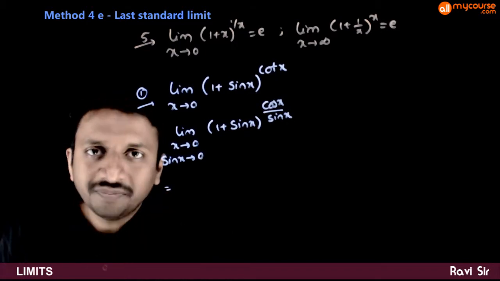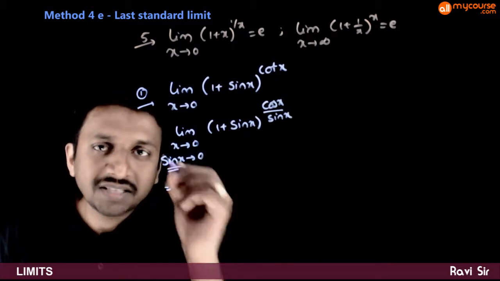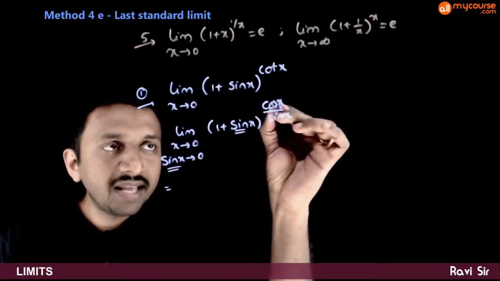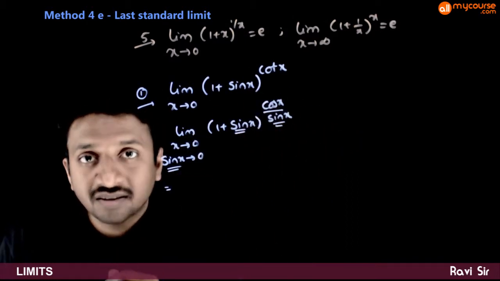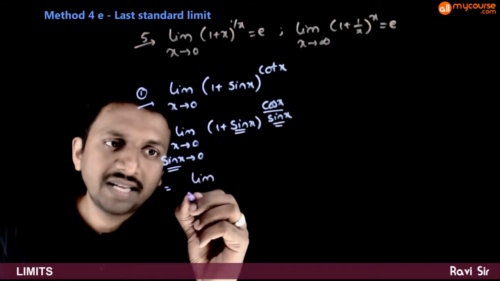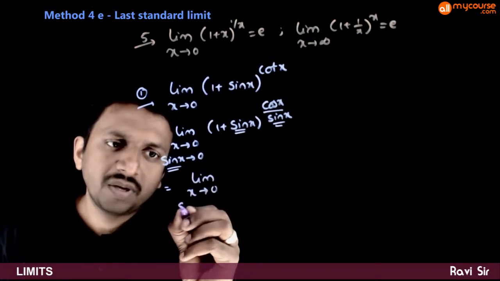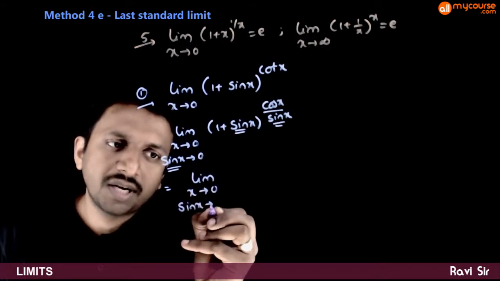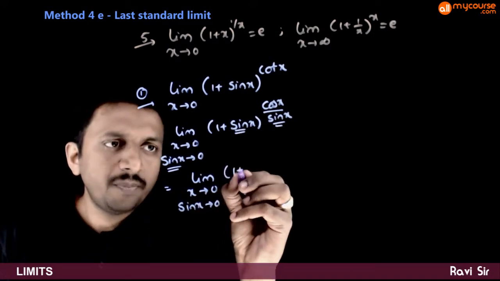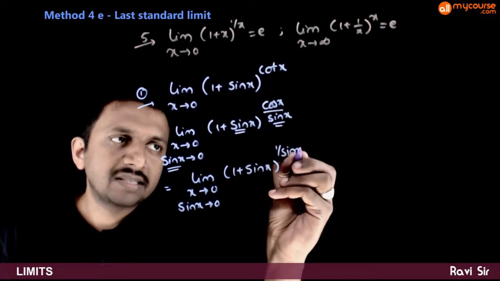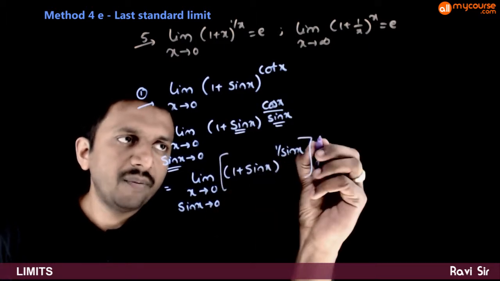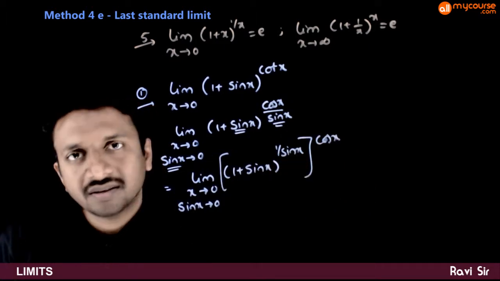So as you can see, sin x tends to 0, (1 plus sin x) whole power something like 1 by sin x. So (1 plus sin x) whole power 1 by sin x, can I write this whole power cos x?